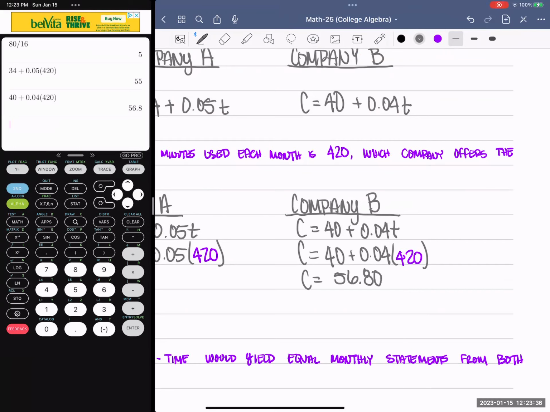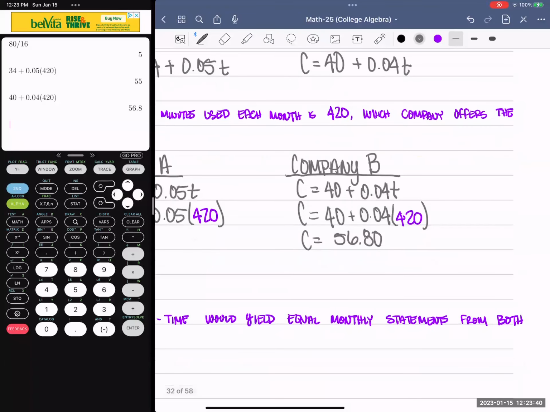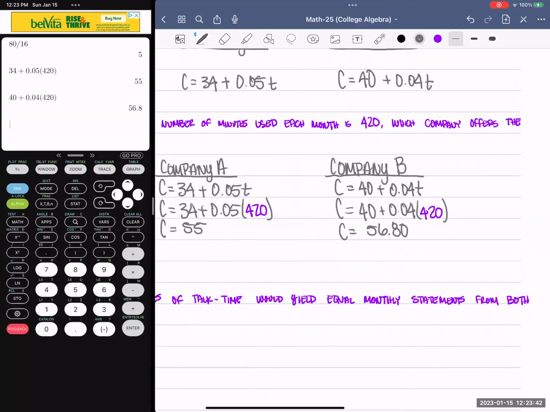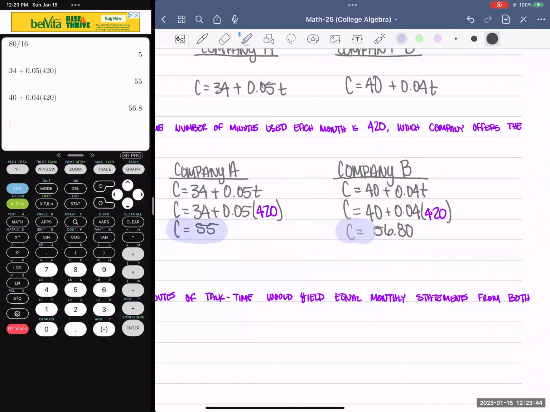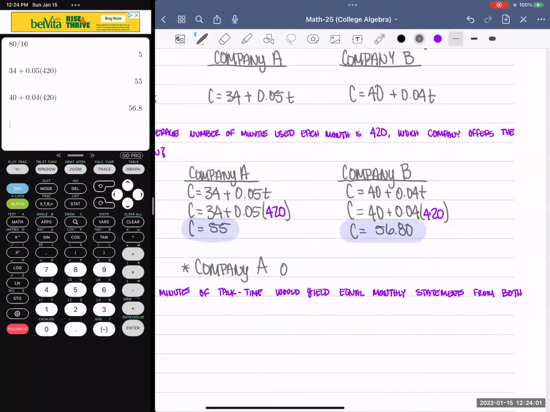Actually, it should be 80, rounding up to the nearest cent. So looking at these two, if we average 420 minutes, it looks like company A gives us the better offer. So in this case, company A offers a better plan.